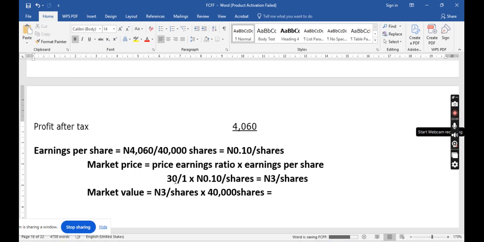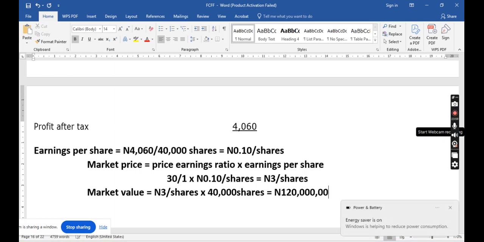So what do we have? 120,000 naira, 120 million. This is 120 million. Do you know why it's a million? Because the 40,000 shares is 40 million shares. Do we get that? Hello, class.